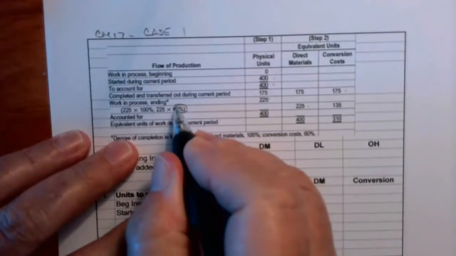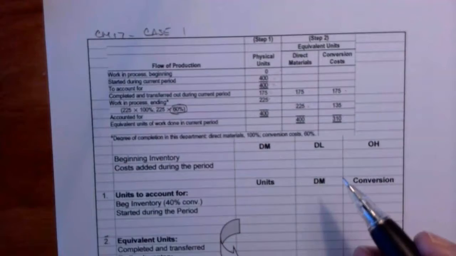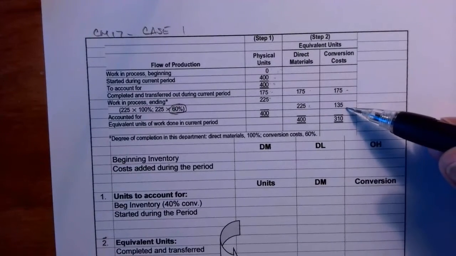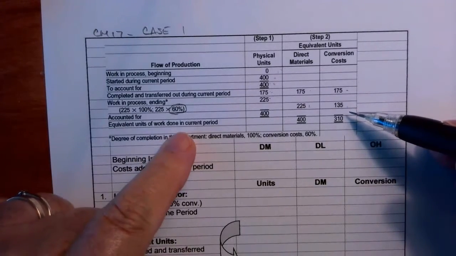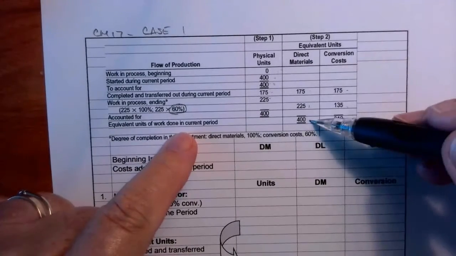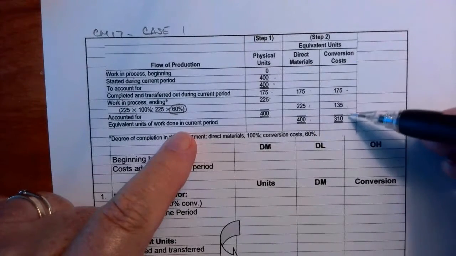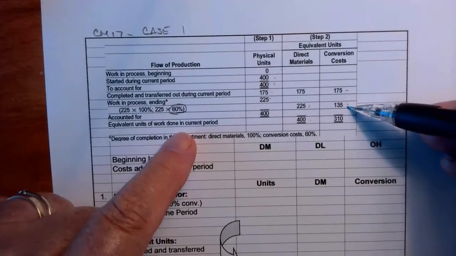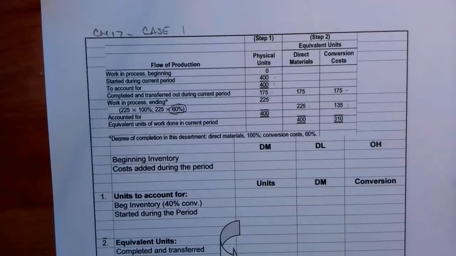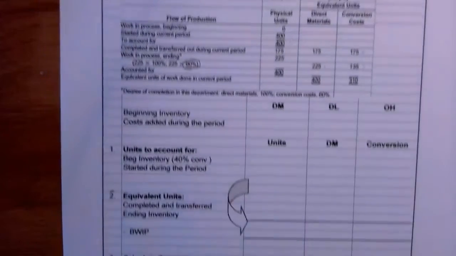So you would take the 225 times 60%, and that would give you 135 equivalent units. All right, so then we've accounted for our units, and the equivalent units of work done in the period would be direct materials of 400, and conversion costs of 175 complete plus 135 partial units, so 310.